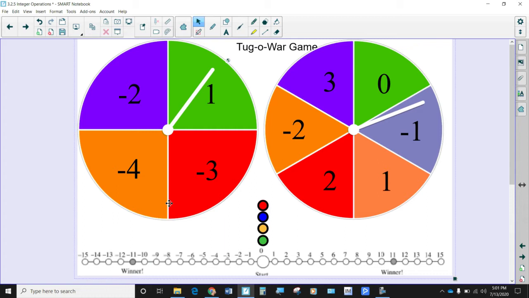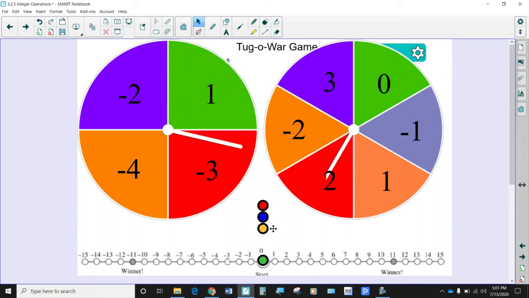Okay, so what we do is, let's go ahead and I'll just put this green guy right there. So I'll demonstrate for you how this would work. We're going to spin both of them, and I got the numbers -3 and 0. If I choose to multiply those two numbers together, my product would be 0, and I wouldn't move anywhere. If I choose to add them together, -3 plus 0 would move me 1, 2 to -3, because their sum is -3.